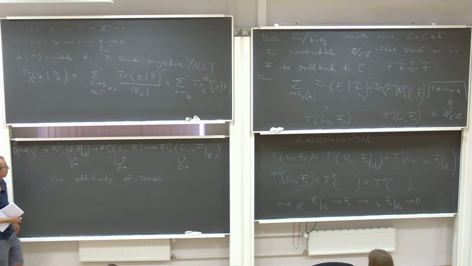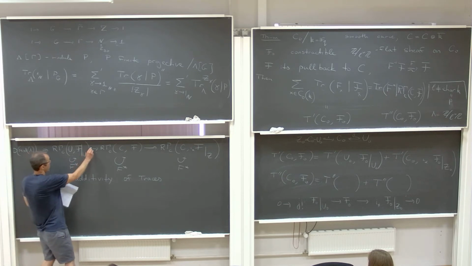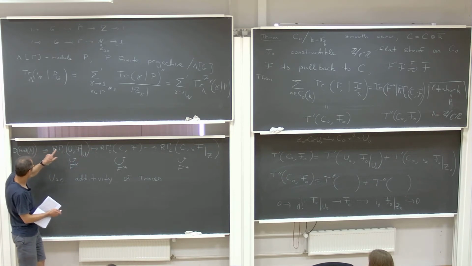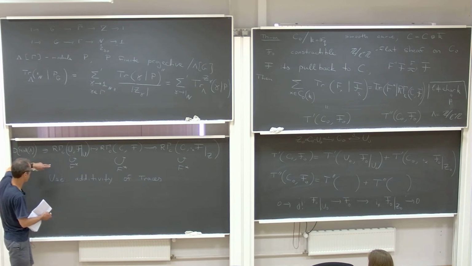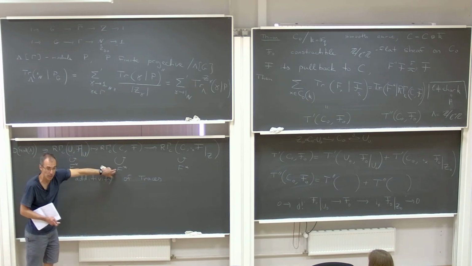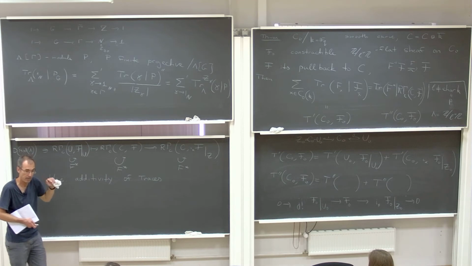Now, this map is a morphism of objects here, induced, which commutes with this endomorphism in the derived category.